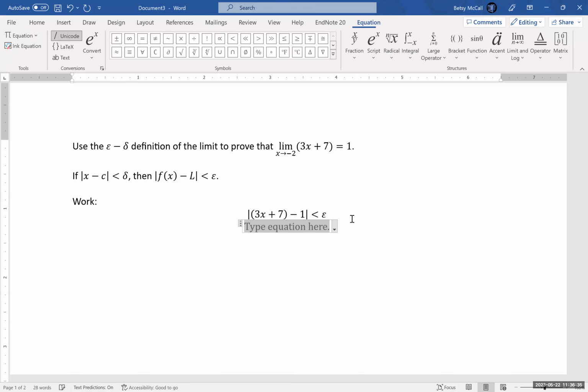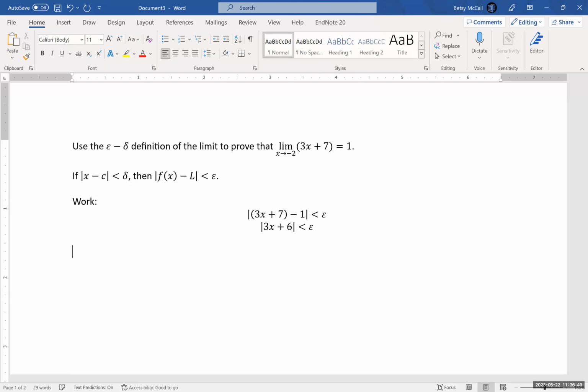Now, if we simplify that, we get the absolute value of 3x plus 6 is less than epsilon. And then what we do is we factor out the 3, because in our statement here, we want x minus c, and there's no coefficient in front of the x.